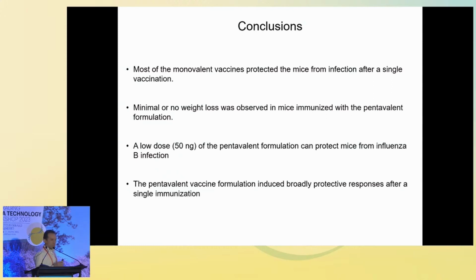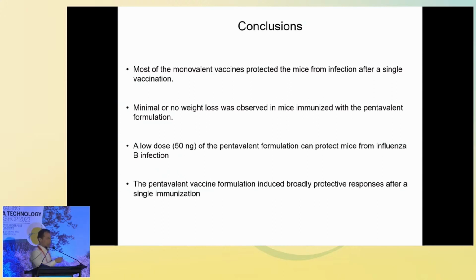Before I finish up, I just want to mention a very important limitation of this study. We used naive mice in all of these experiments, and it's very well known that in humans, pre-existing antibodies have a detrimental effect on vaccine-induced protective immune responses.